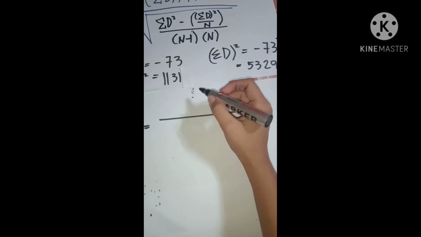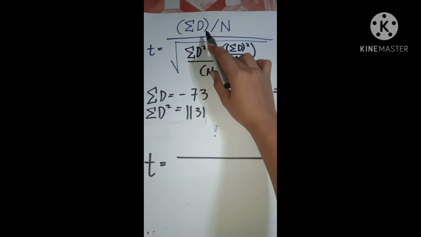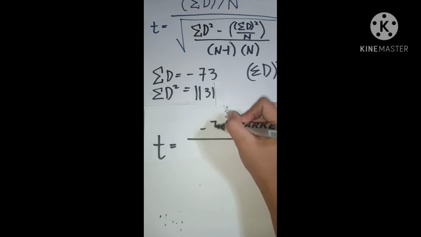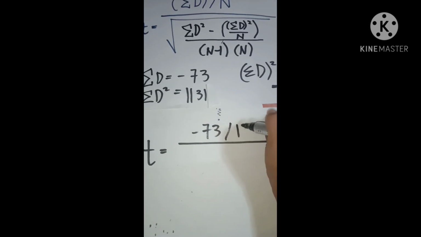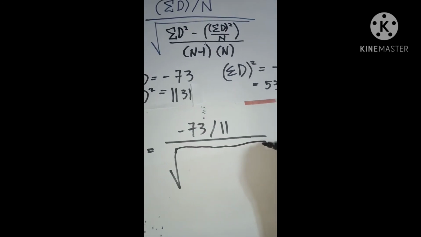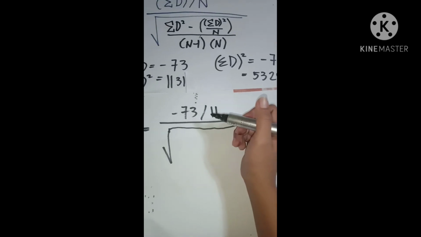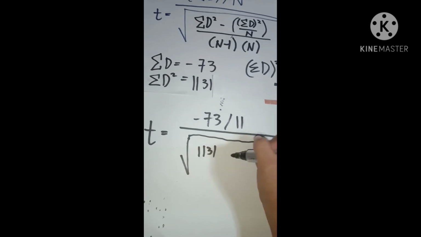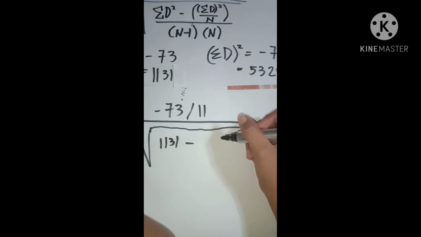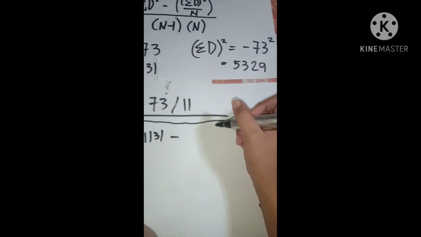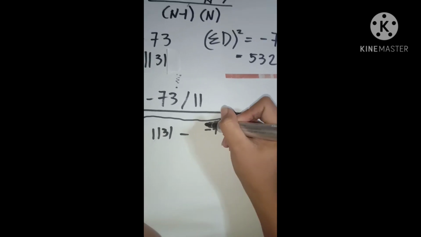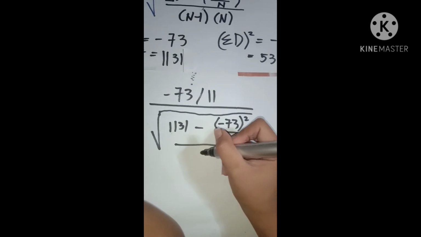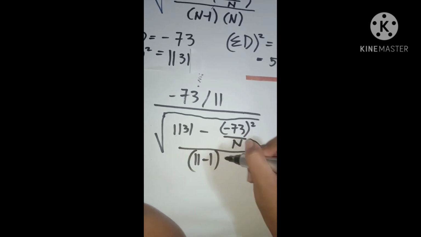The next step is to solve for the t-score. Let us substitute. The sum of the differences of X minus Y is negative 73 over n, which is 11, and then the square root of the sum of the squared differences from step 4, which is 1,131, minus the square of the sum of the differences from step 2, which is negative 73 squared, over n, all over n minus 1 times n, which is 11 minus 1 times 11.